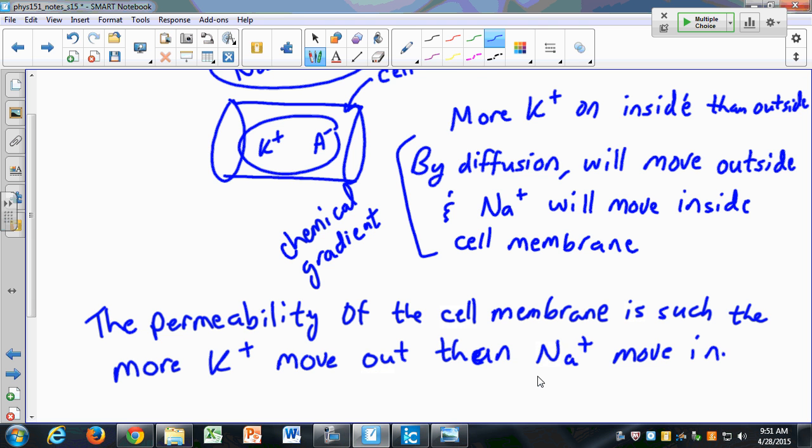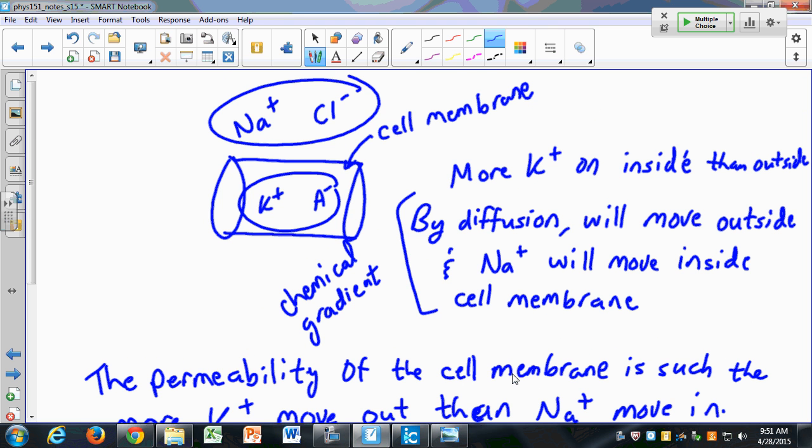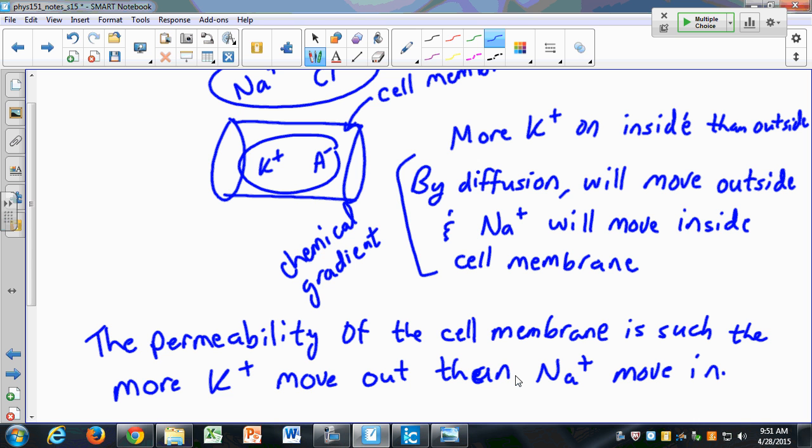The net result of that, if I have these potassium ions moving out, and these sodium ions moving in, if more potassium ions move out than sodium ions move in, because of the permeability of the cell membrane, what effect will that have on the net charge inside of the cell membrane? Will the net charge inside the cell membrane be positive or negative?